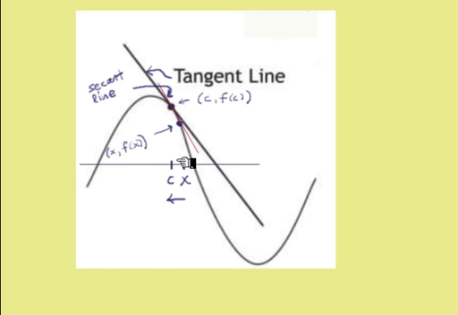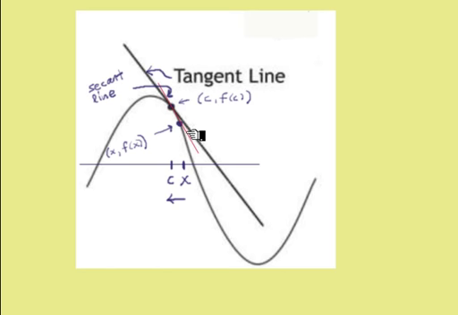And that's because the 2 points on the curve that the secant line goes through are close. The closer they get, the closer the red line will get to the tangent line. If we move these 2 points on the curve closer together, or if we move x closer to c, in other words, this bottom point closer to the top point, then the red line will almost be on top of the tangent line.